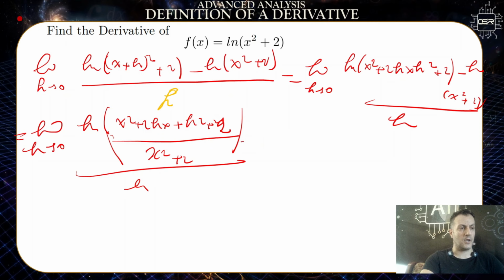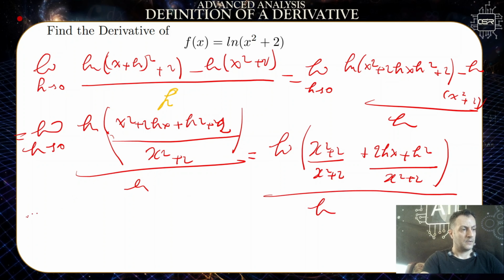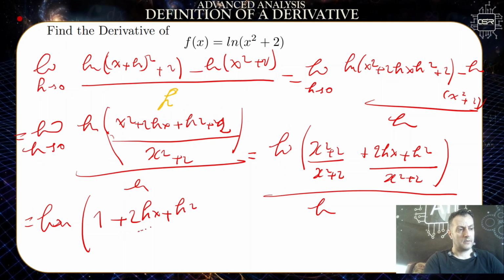Let's break it down: x squared plus 2 divided by x squared plus 2, plus 2hx plus h squared divided by x squared plus 2, all divided by h, equal to ln of (1 plus (2hx plus h squared) divided by (x squared plus 2)), divided by h.